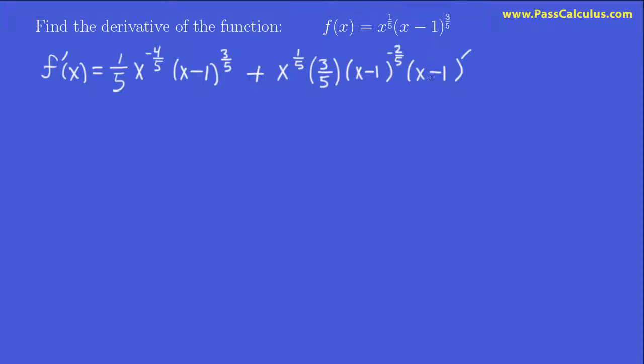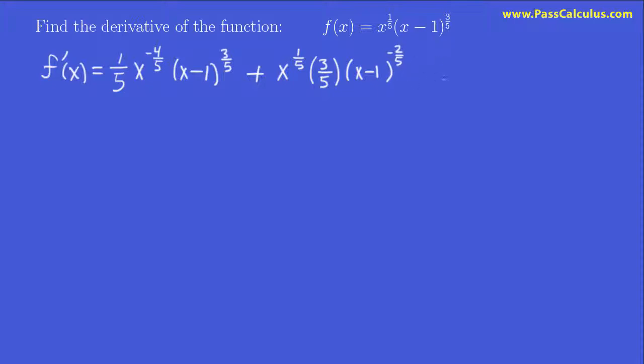So I'm going to cheat a little bit and just erase this because the derivative of that is 1. And 1 times that doesn't change anything. So it's like that's not even there. So I hope that's not confusing. I'll just say it one more time. 3/5 comes to the front. X minus 1 stays. I do 3/5 minus 1. I get negative 2/5.